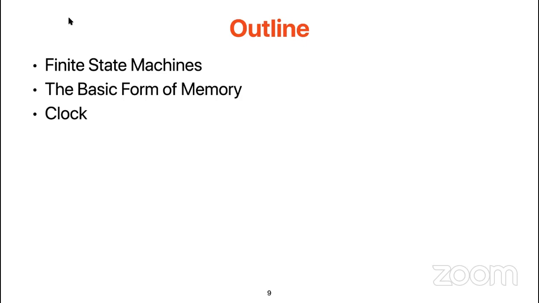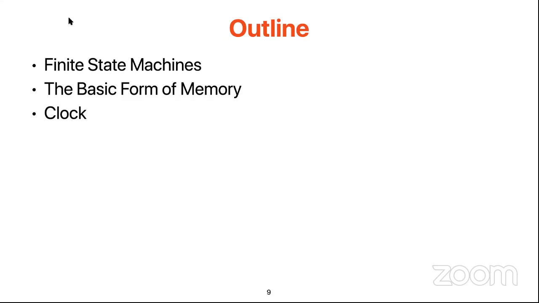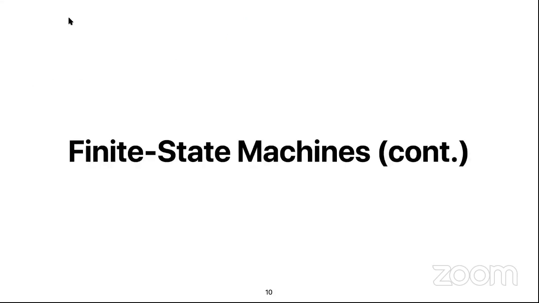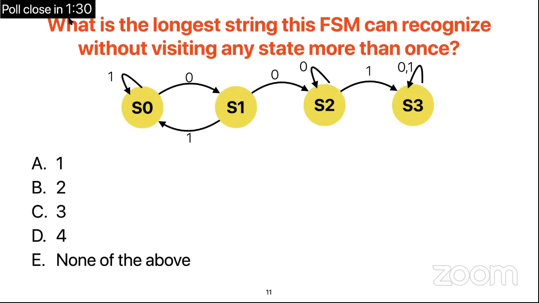And finally, we are going to talk about the clock, which is related to the song that we played. All right, so let's talk more about the finite state machine. Since you mentioned that you know finite state machines before the class, would you mind showing me your understanding through this question?